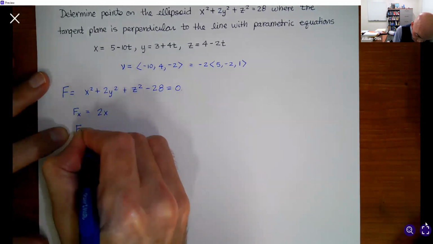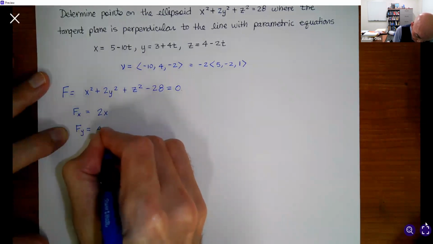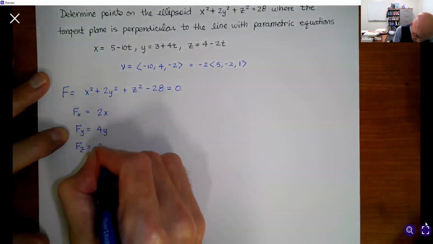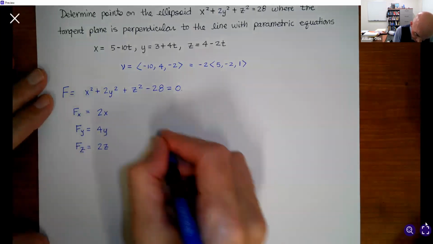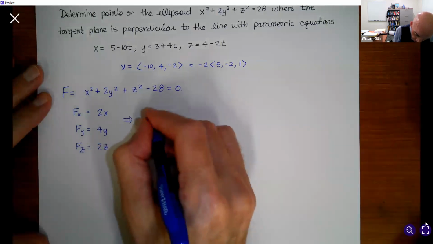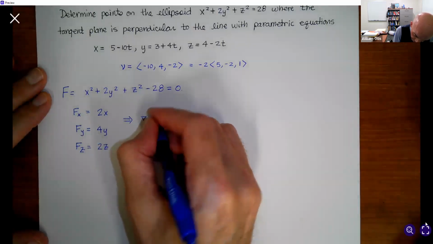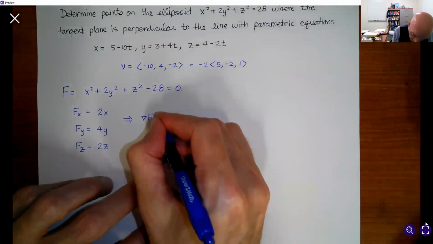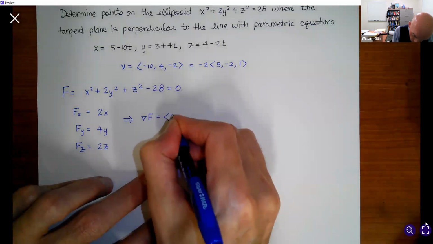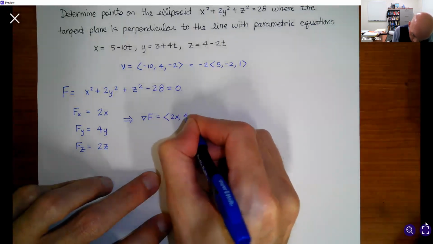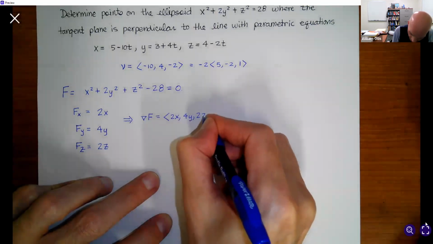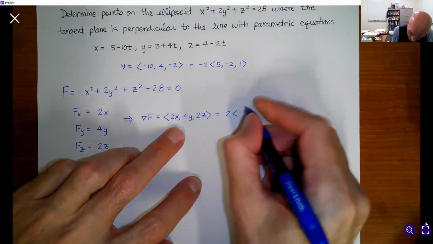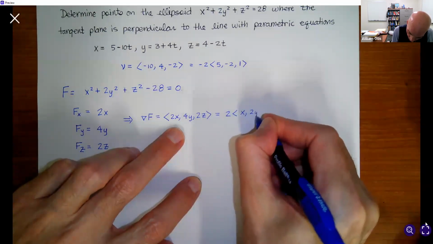The y partial will just be 4y, and the z partial is just 2z. So we have a gradient, or surface normal, with coordinates 2x, 4y, 2z. Now, of course, we can get rid of the extra; the 2 can be factored out, leaving x, 2y, and z.